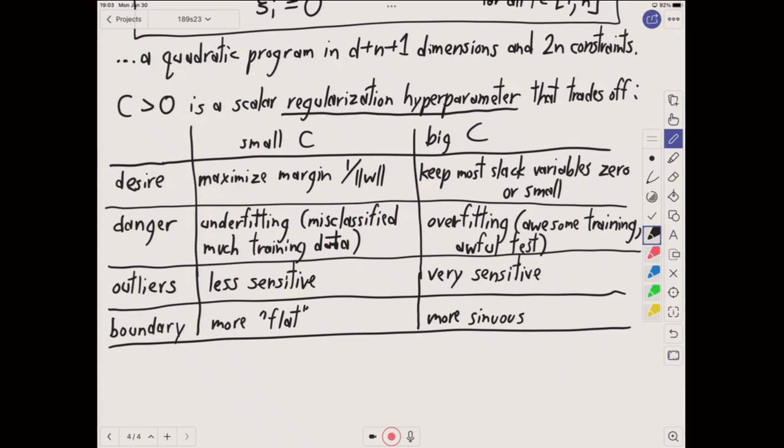So now that we know these trade-offs between having a big C versus a small C, how do we actually choose C? Well, you already learned that in homework 1. In practice, the best way to choose it is to use validation. Ultimately, your data has to decide whether you want to be in the big C domain or in the small C domain.